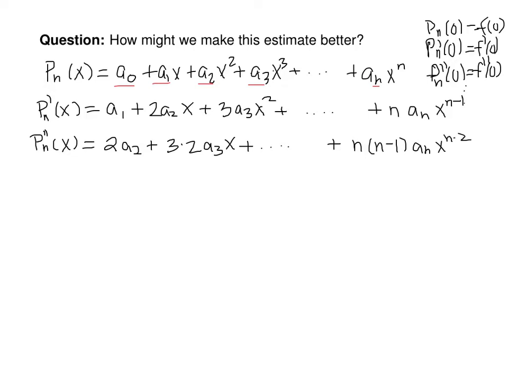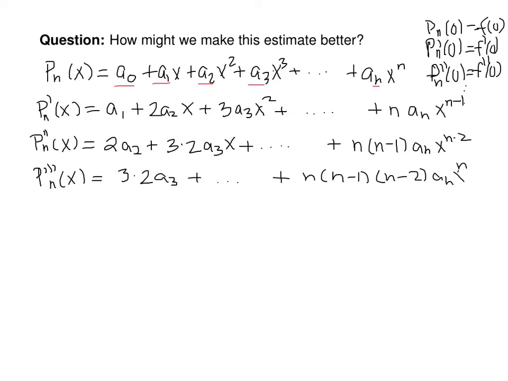And we'll just do one more. The third derivative will be 3 times 2a3 plus up to n minus 1 times n minus 2 a sub n x to the power of n minus 3.